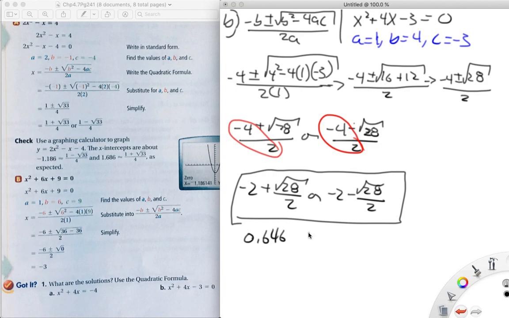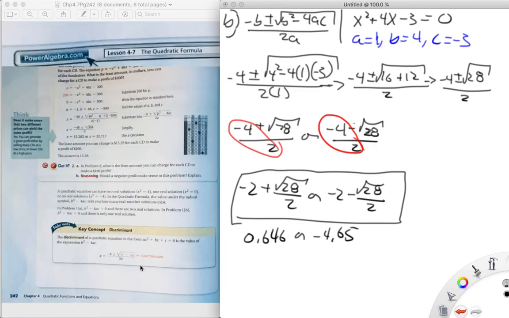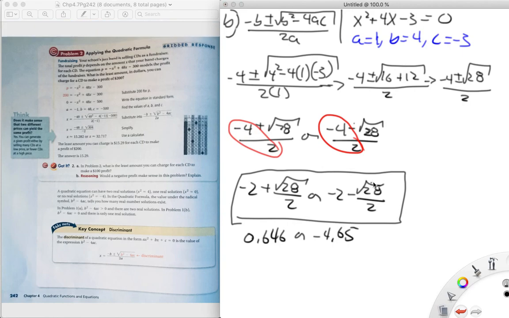This guy would be negative 4.65. But I'd rather have it in radical form.